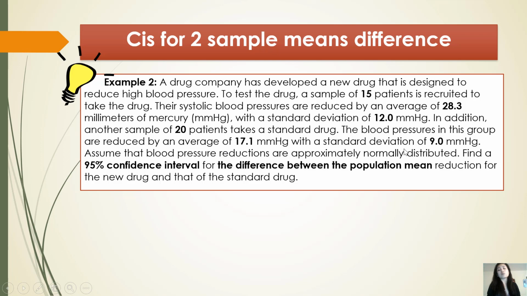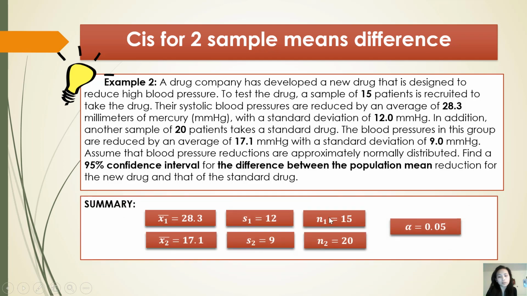The sample standard deviation from the second sample is 9, so it's s2. And we want to construct the 95% CI for the difference. Don't forget that we have an assumption that the pulse ratio reductions are approximately normally distributed. This means that the central limit theorem is applicable.